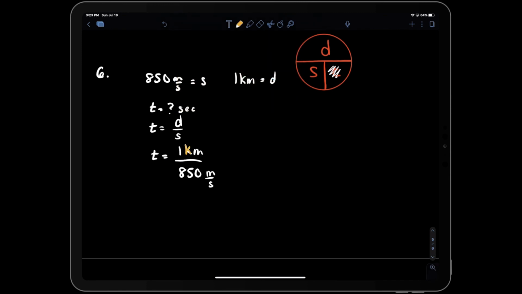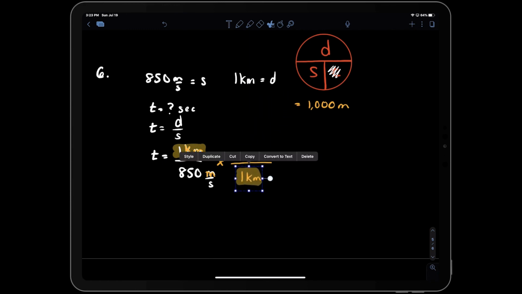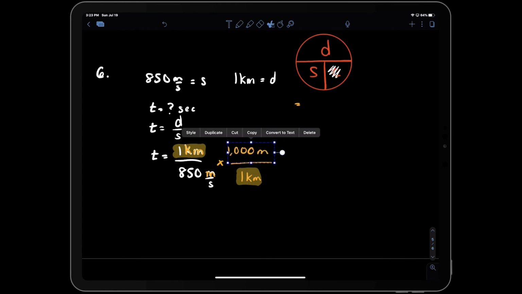I see kilometer and I see meter, and those two things don't match up. So what I have to do is add in here a conversion factor. 1 kilometer is the equivalent of 1,000 meters. So I'm trying to cancel out the kilometer. I find kilometer right here. So when I cross cancel this, it's got to go on the bottom. And then the rest of this has to go on the top.